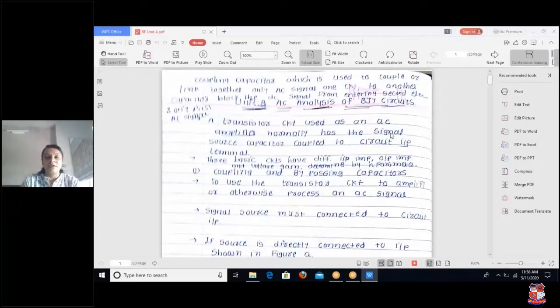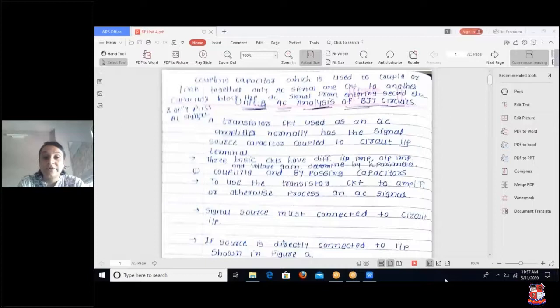Okay, so in AC analysis of BJT, we already saw the transistor configuration, and now in this chapter we show the analysis of BJT circuits.